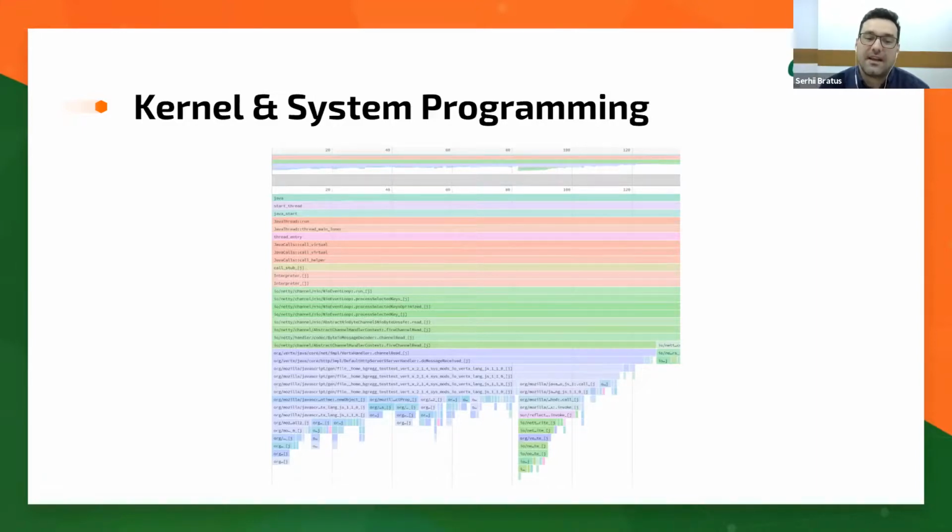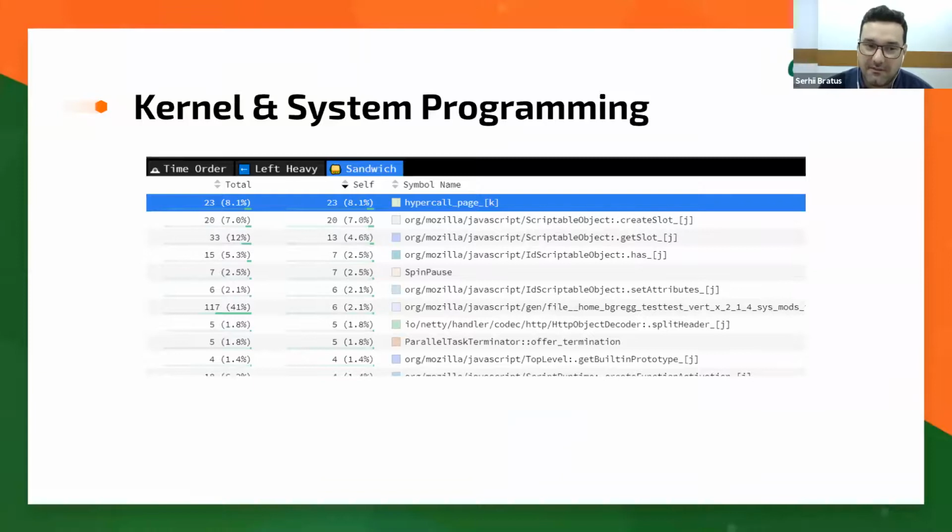But my favorite actually is the sandwich view, which is a little different. Especially when you have a flame graph and the sandwich and analyze them both, they give you wonderful results, because the sandwich view has the total execution time and self-execution time. First of all, you look at what you are interested in. The total execution time means that the code was inside that function for some time.